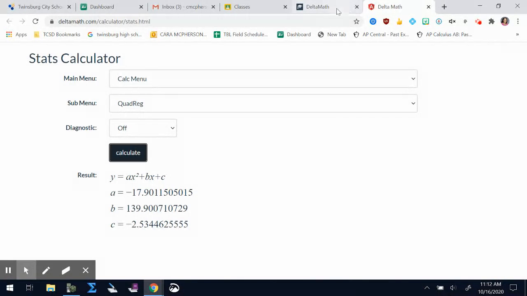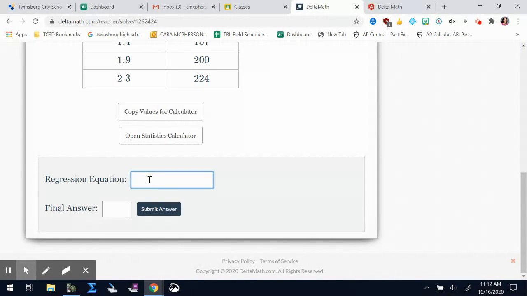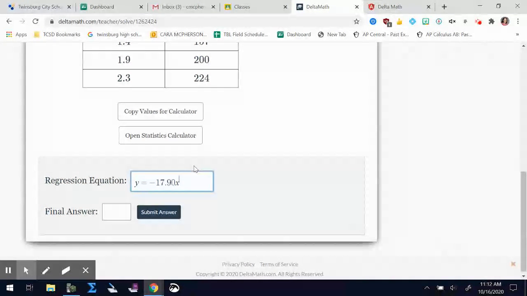That's what hundredth means. So when it asks for your regression equation, you're going to type in y equals negative 17.90x squared, and then plus 139.90x, and then plus negative 2.53.